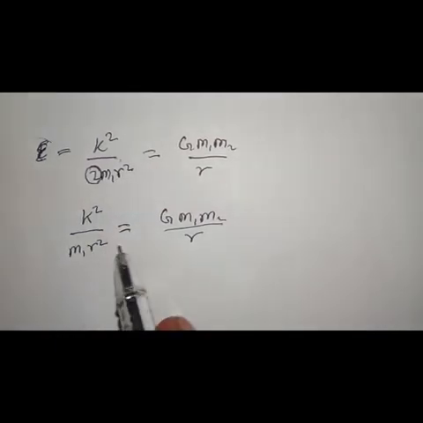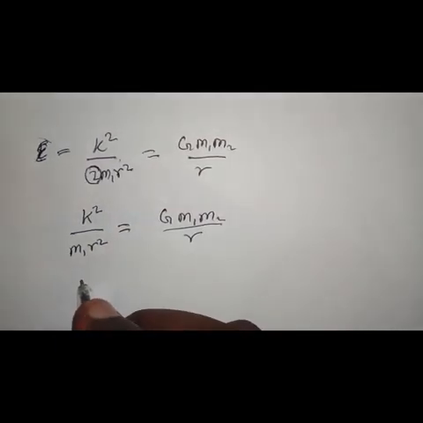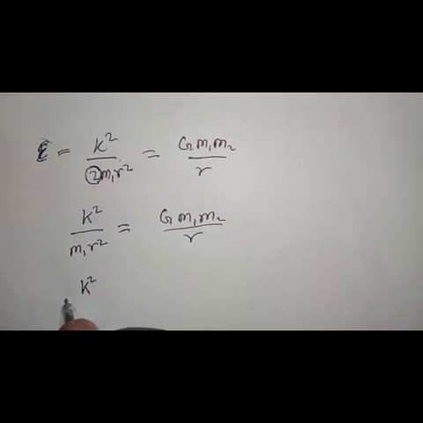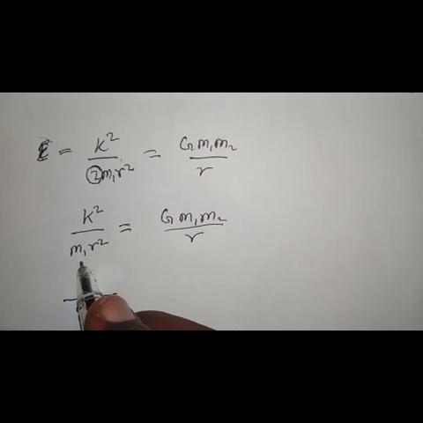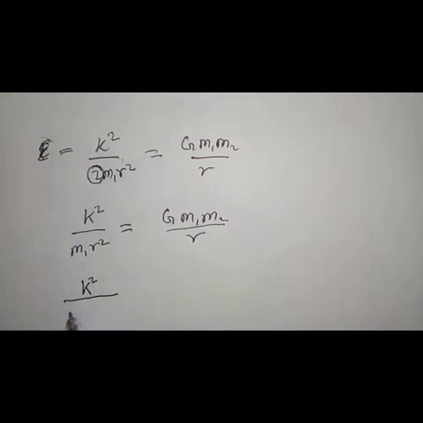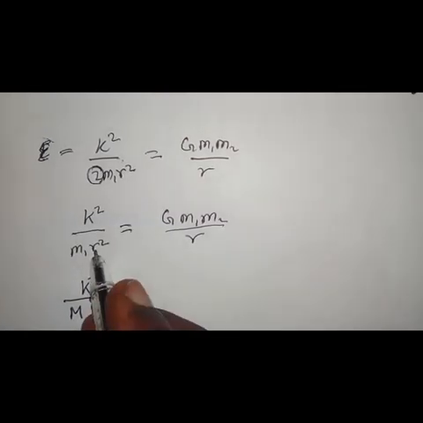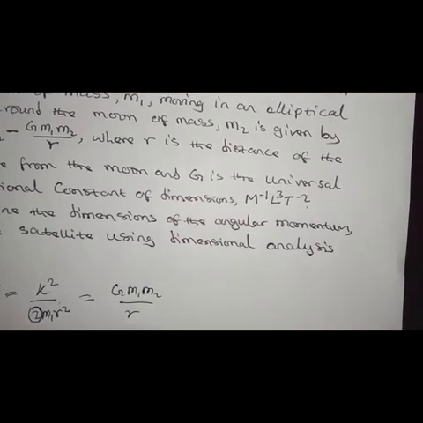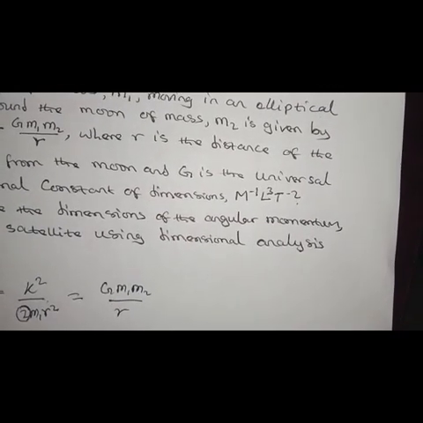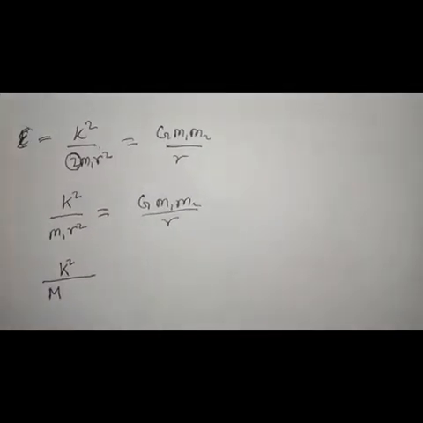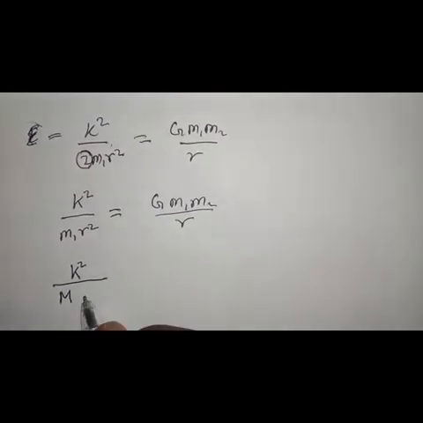We are looking for k, so we do not know the dimension of k. We write k squared all over m1; here is mass and the dimension of mass is M. R here is the distance; the question says that r is the distance of the satellite from the moon. So r is distance and the dimension of distance is L.